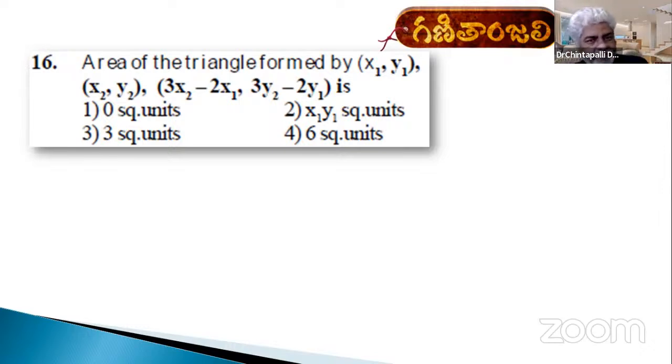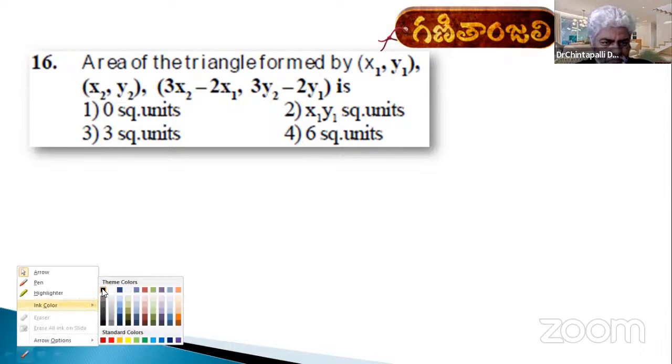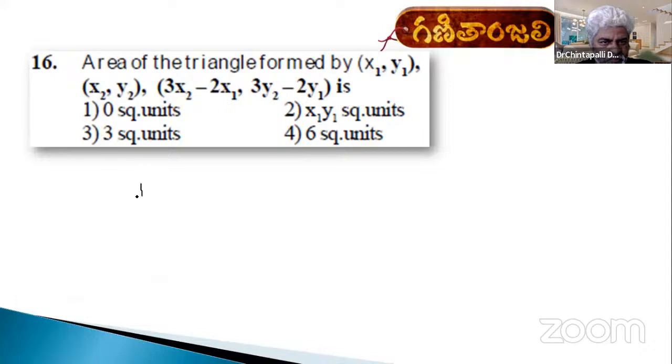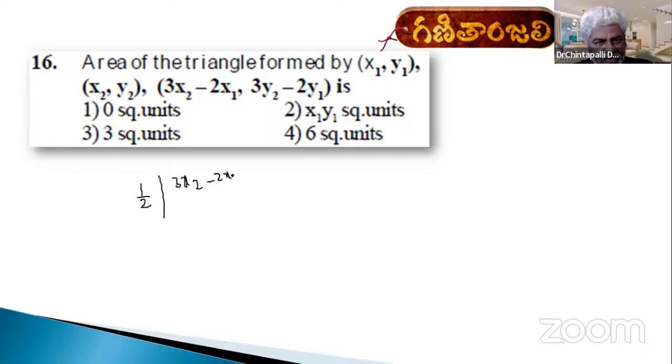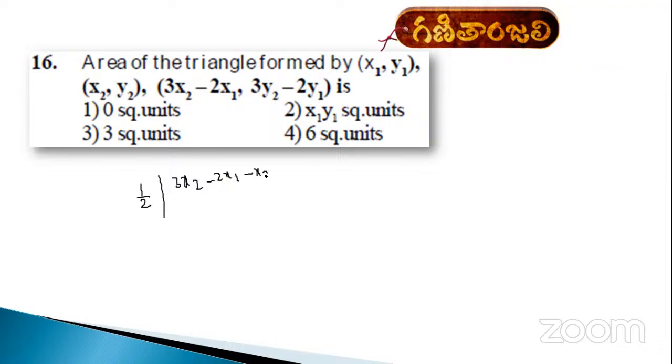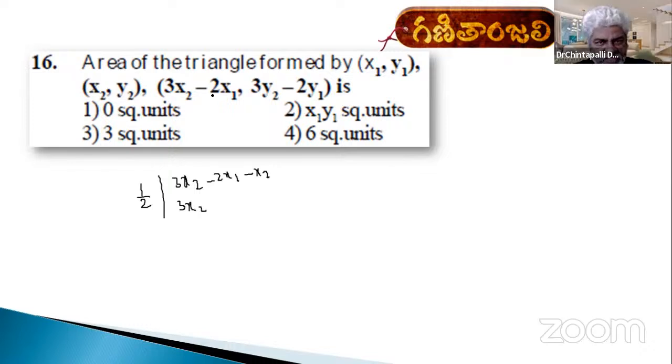Half times 3x2 minus 2x1 minus x1, 3x2 minus 2x1 minus x2. Isn't it x1? x2 is the first point, it is the second point. Okay, sorry, x1.